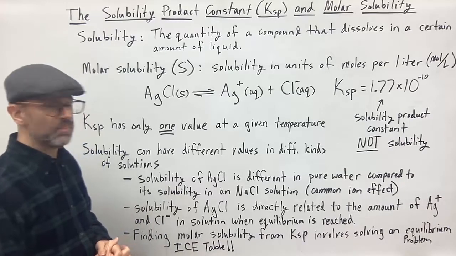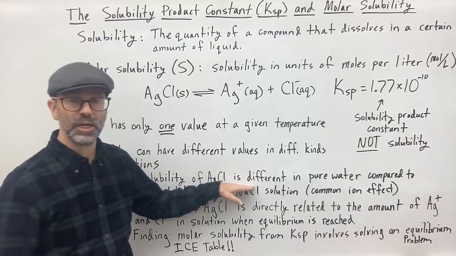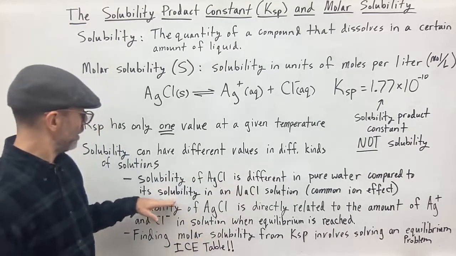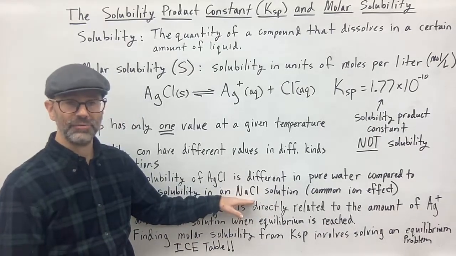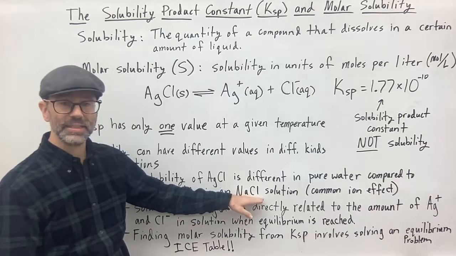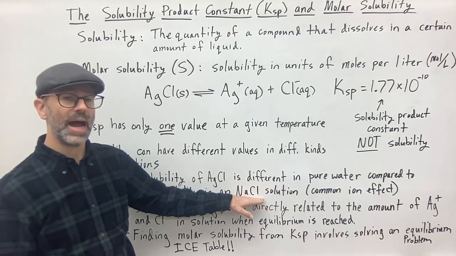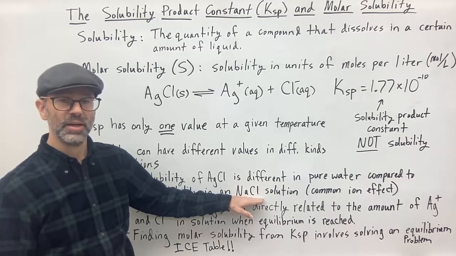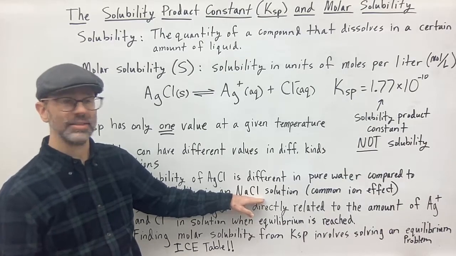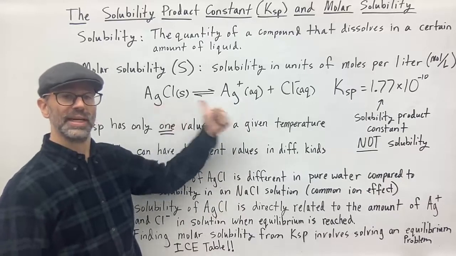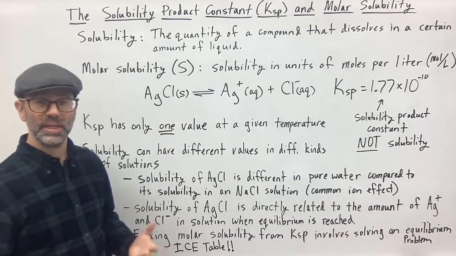I will find that the solubility of silver chloride is going to be different in pure water than it is in a sodium chloride solution because of the common ion effect. Because I already have chloride ions in solution, that's going to cause the silver chloride not to be as soluble because of Le Chatelier's principle, right? You have more chloride ions, that's going to shift this more towards the solid. So it's going to be less soluble. So the solubility is going to be different.